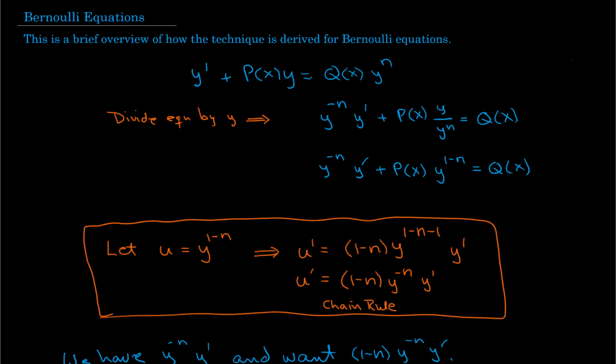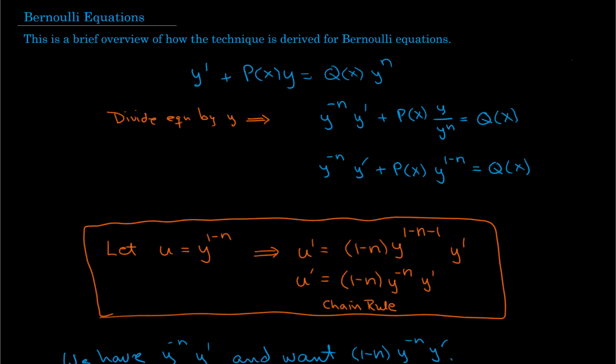When we take the derivative of y to the 1 minus n, the 1 minus n in the exponent becomes the coefficient, and then you take whatever your exponent was and you subtract 1. So you get 1 minus n minus 1. Once you have that done, you now take the derivative of whatever y is. So we're going to get y prime.